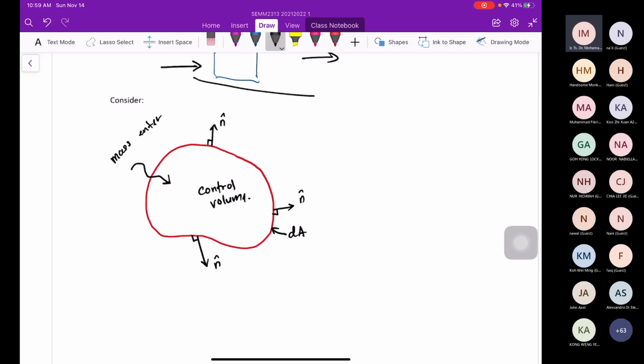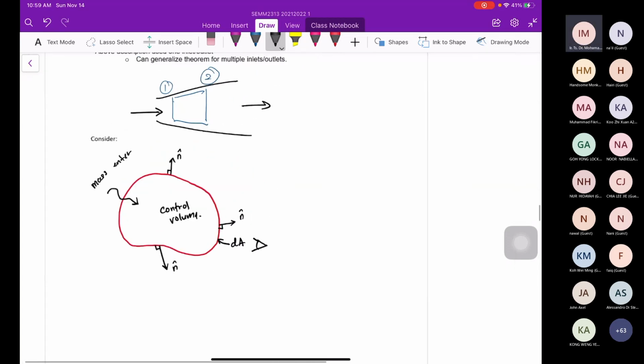When you look from this view, you can see the area from that side. The N here is the unit vector that points out from the control volume.